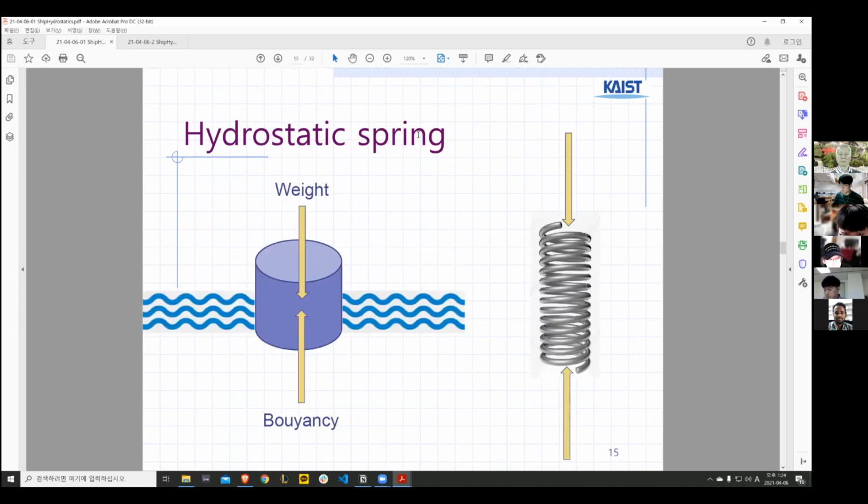And hydrostatic spring: if I push this object downward, then buoyancy gets bigger, so it goes up, and keeps going down and up like a spring. So it goes to the equilibrium state.